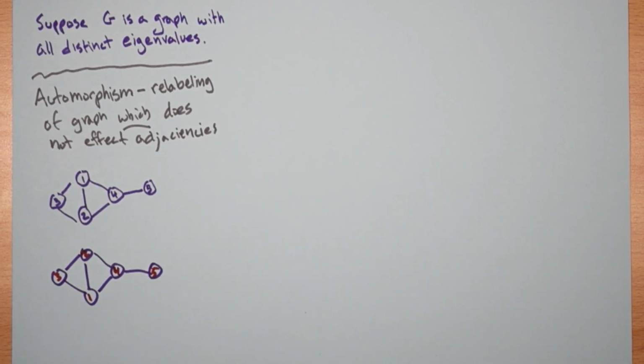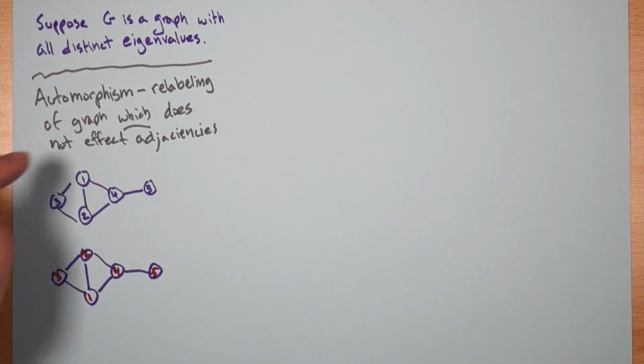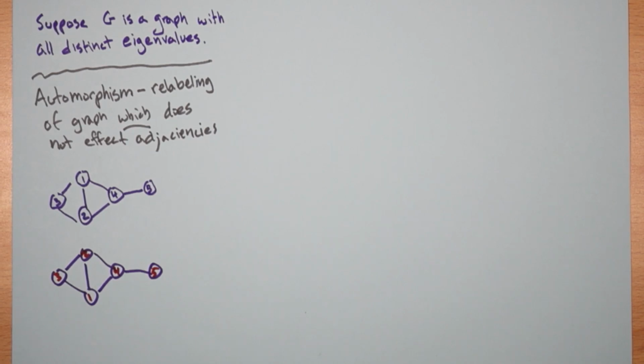Okay, good. And this is an automorphism. So again, it's a relabeling, but no adjacencies are affected. And in particular, if you were to ask what's the adjacency matrix of this graph versus the adjacency matrix of that graph, it's the same adjacency matrix. That's what it means to say the adjacencies have not been affected.